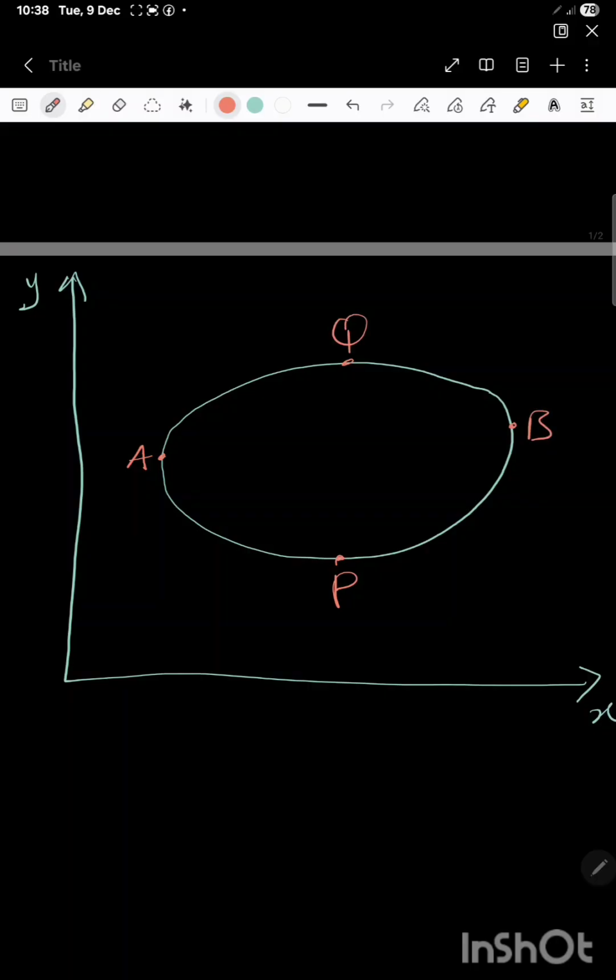If we have a particle moving from point A to P, B, Q, and then back to A, then you can easily get its integral. You can integrate as the particle moves from this initial point, going through all the points and coming back to the initial point.